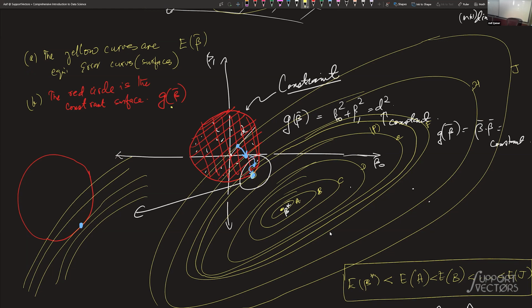Right? Now, what do you say? When these two surfaces just tangentially touch each other, think about it. Where is the gradient of, at this point, P, where is the gradient of the red circle pointing? This way. So this is gradient of G, right? And in which direction is the gradient of the error surface pointing?